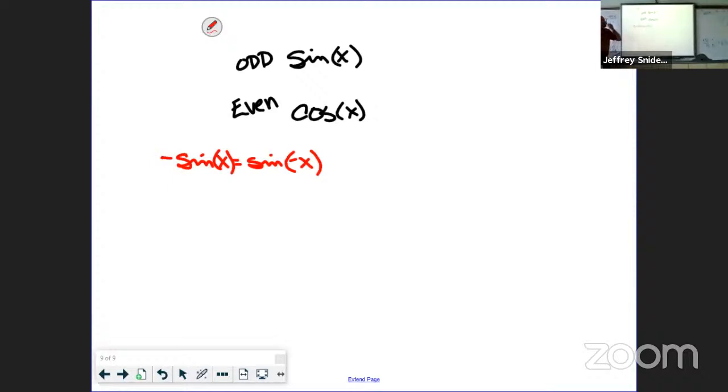If this is an even function, that would mean that the cosine of x is equal to the cosine of negative x. All right? Are we okay with that? Yes, no, maybe.